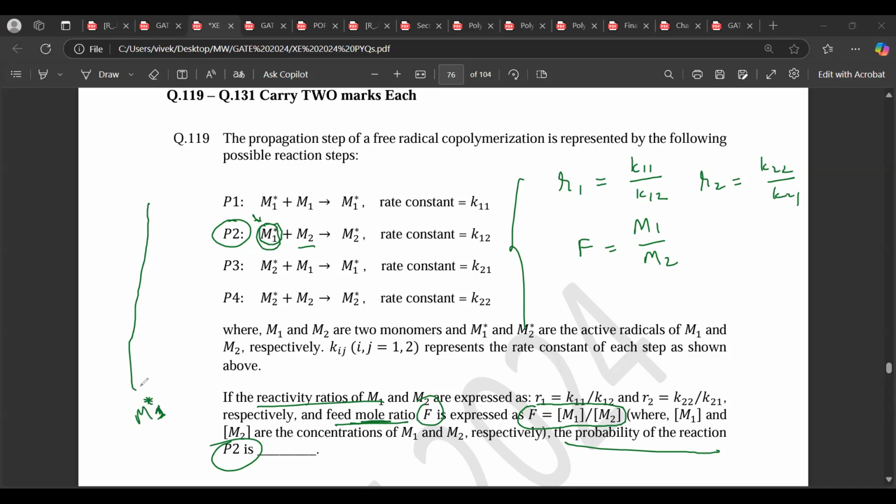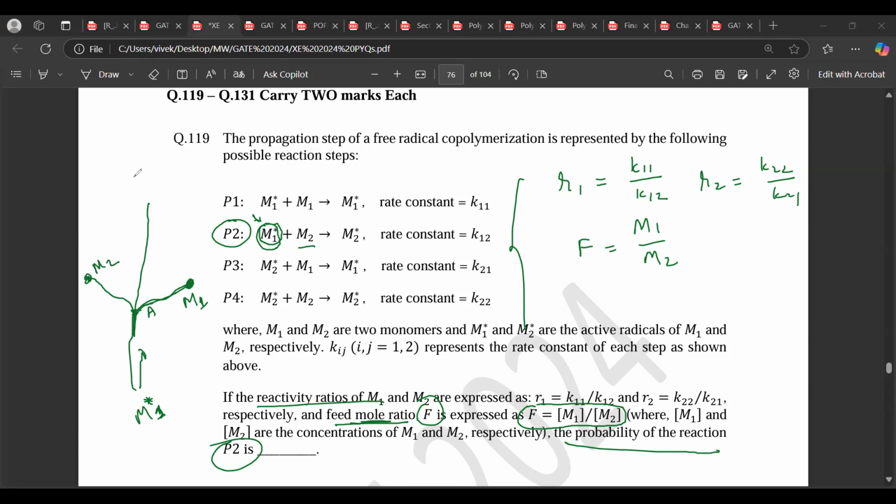Let's say here you have a diversion in a path. There is a monomer M1 here. And there is a diversion at the same point, M2 here.